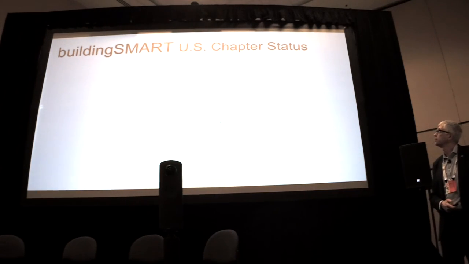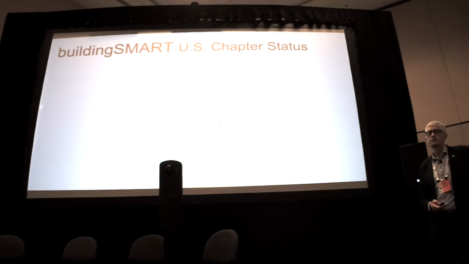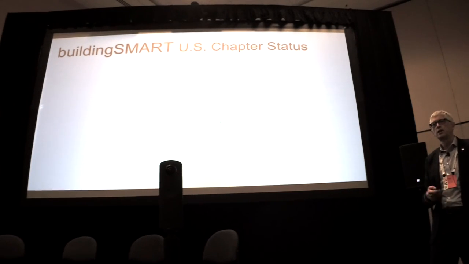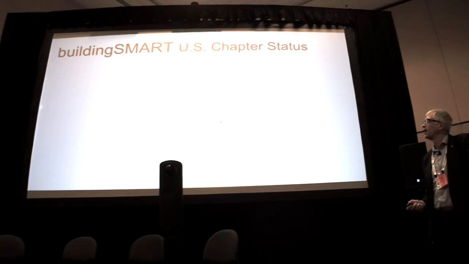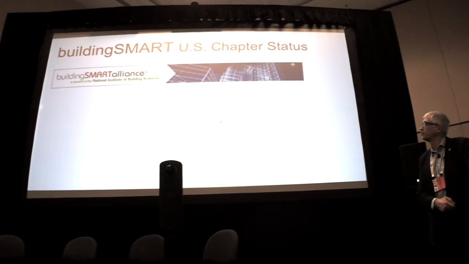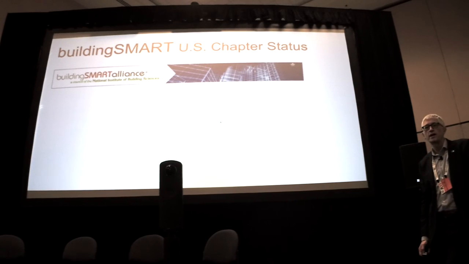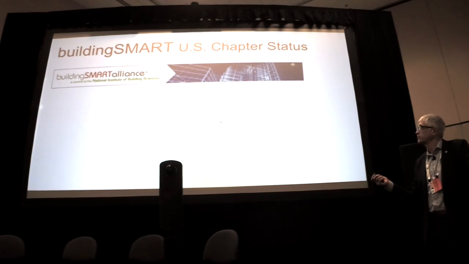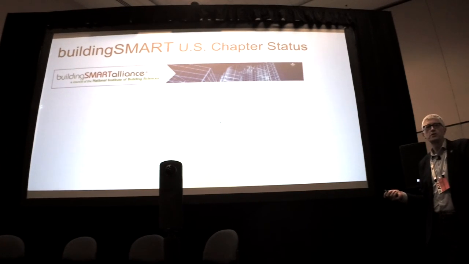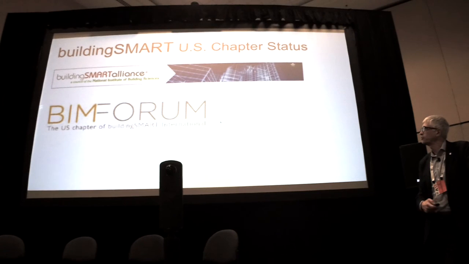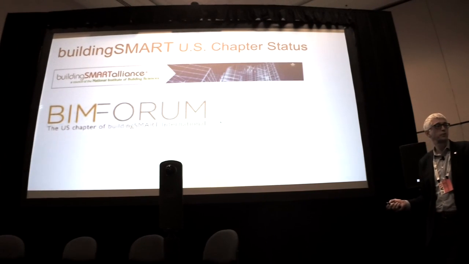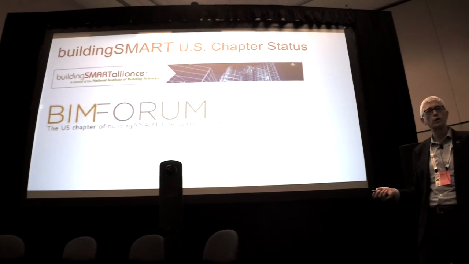In the U.S., just to point this out, we have a little issue going on with our chapter structure here. The chapter was at the Building Smart Alliance, which was at my organization, the National Institute of Building Sciences. There were some disagreements between Building Smart Alliance and Building Smart International, and the U.S. chapter of Building Smart International is now at the BIM Forum.